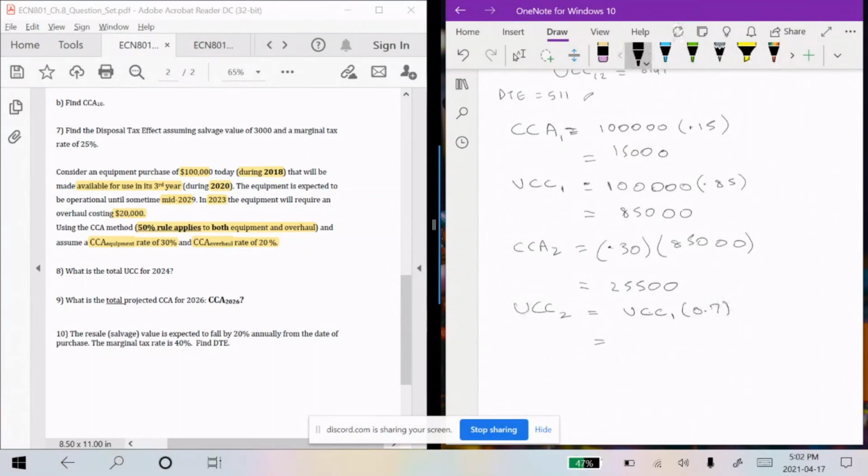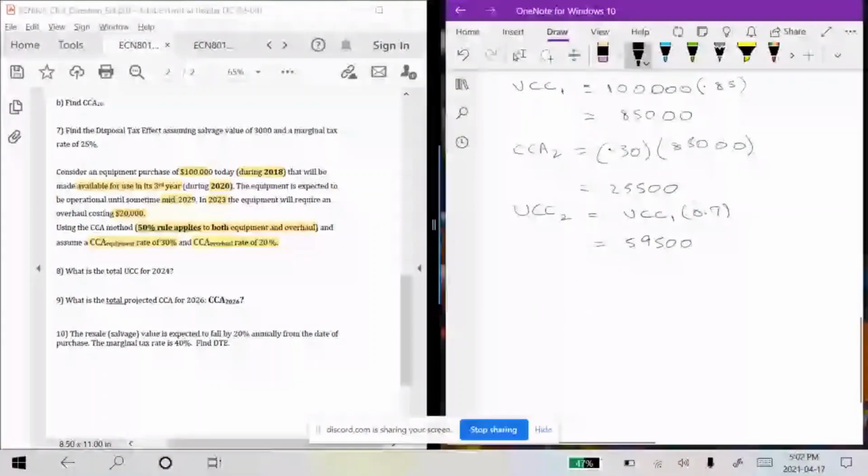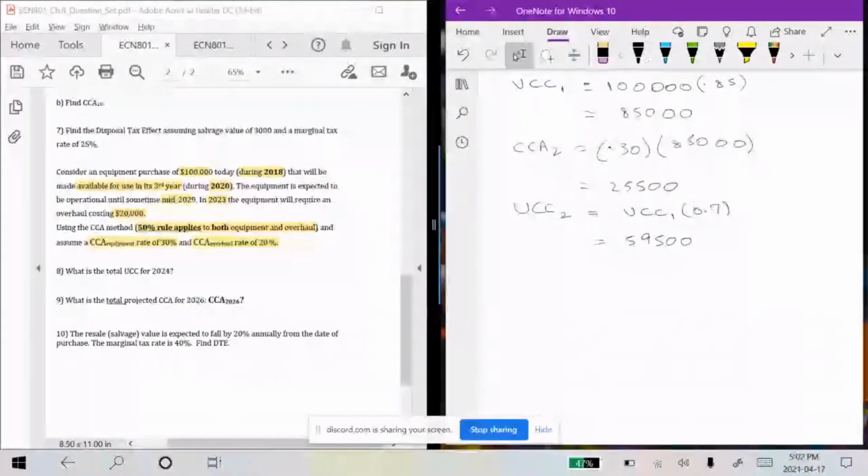So 85,000 into 0.7, you get 59,500. That's the UCC 2. That's the value of the equipment after 2 years of depreciation.